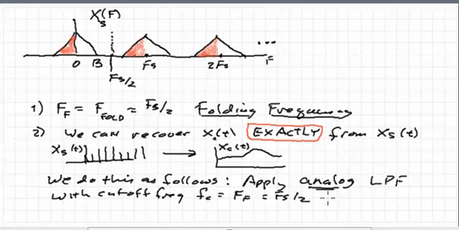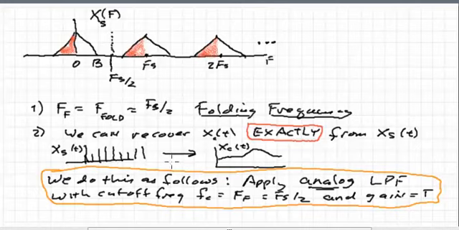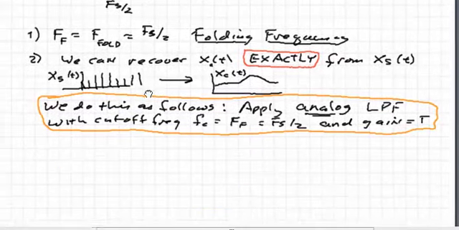Okay, and if we really want to do it right, we'll use a gain of T. All right, let me circle that with some color, because this is stuff that's really important. It kind of makes the world we live in possible, that we can do this.